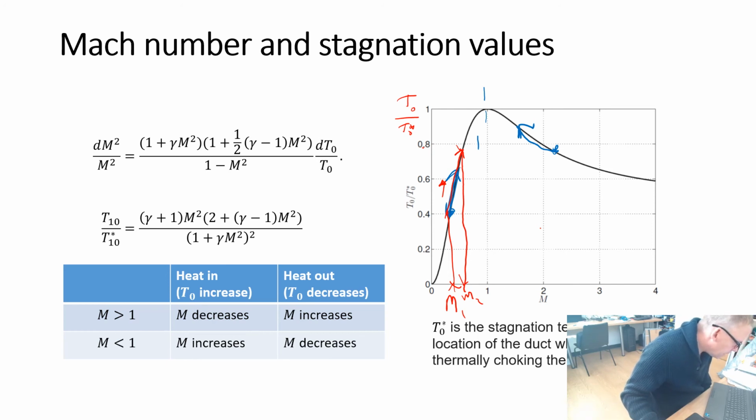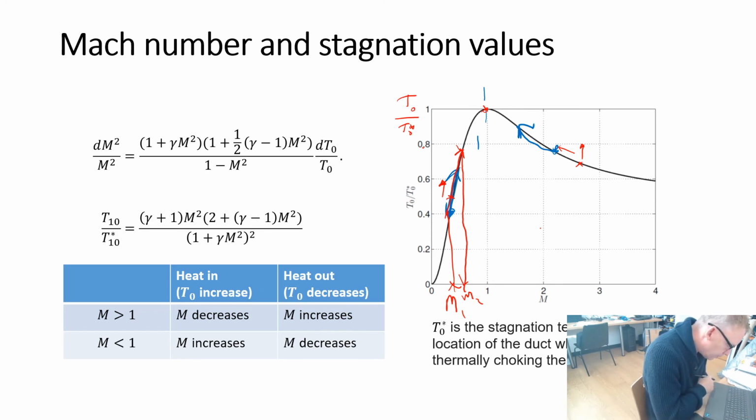Then for a subsonic flow, the Mach number will increase, up to a critical flow state. If the flow is supersonic and we add heat, so we're moving in this direction, then again we're pushed towards the critical flow state. It's worth pointing out that we have a detonation wave created by an explosive reaction.